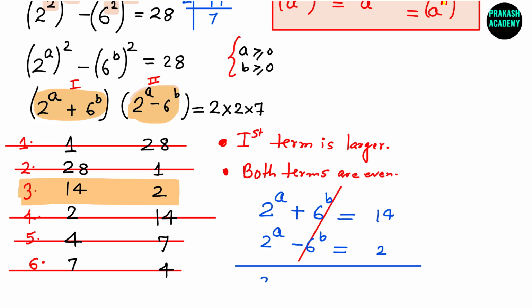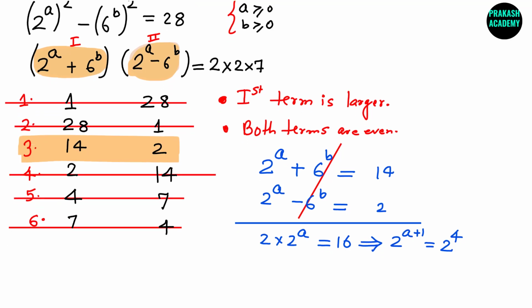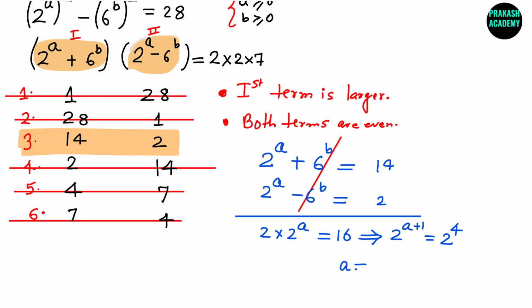So you will have 2 times 2 raised to the power a equals 16. This implies 2 raised to the power a plus 1 equals 16, which can be written as 2 raised to the power 4. This means a plus 1 equals 4. This means a equals 3. So from here I can say a is simply equal to 3.